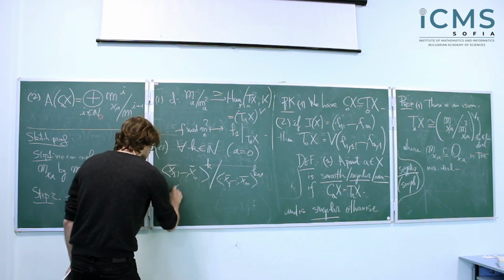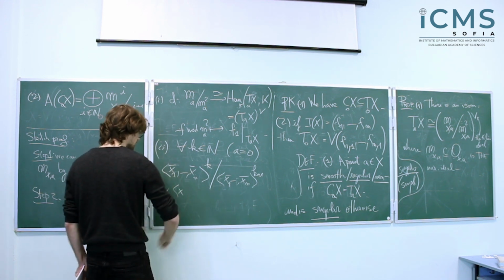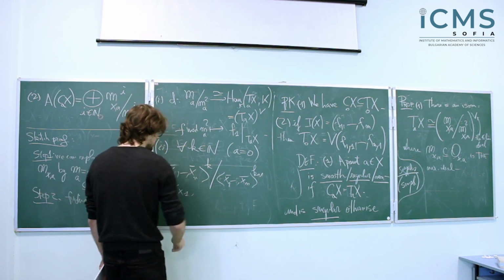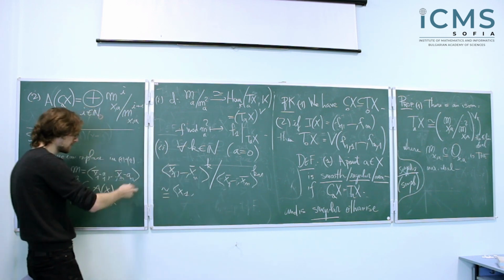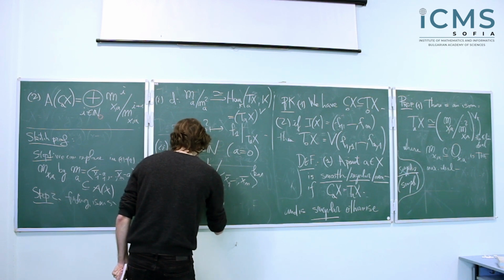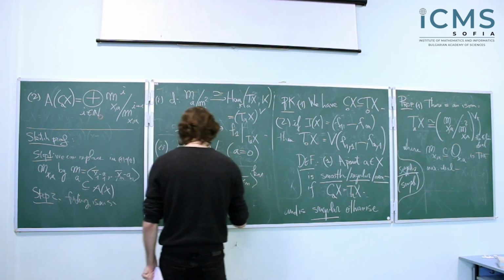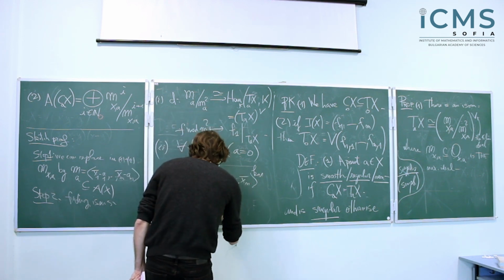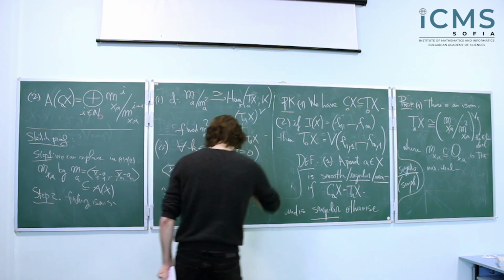Well, this will actually be isomorphic to the ideal inside of the polynomials, so not the coordinate ring anymore. But I'll have to quotient out a bit more of the equations.